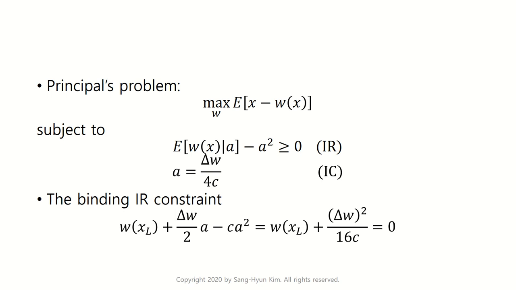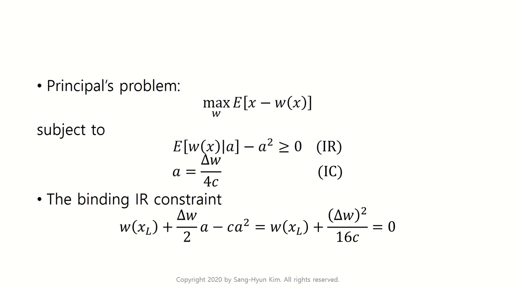So what we just did is we put the optimal effort in A. So we impose the IC constraint into the IR constraint to derive this expression WL plus delta W squared over 16C.